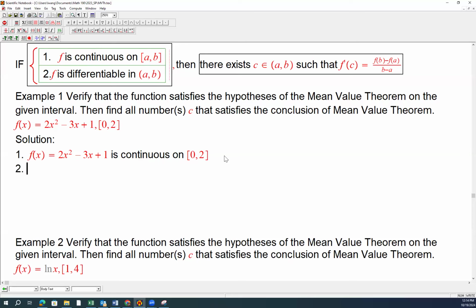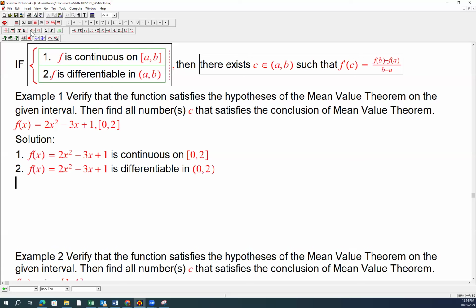And secondly, it is differentiable. We don't need to prove it because this has been guaranteed by theorems we have learned before. So this is differentiable in the interval (0, 2). And then we can apply the theorem.